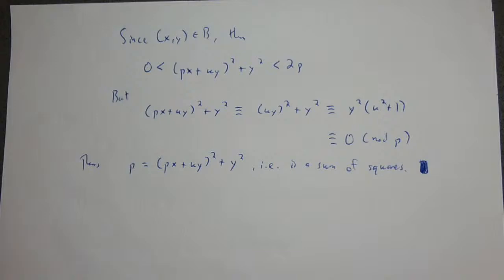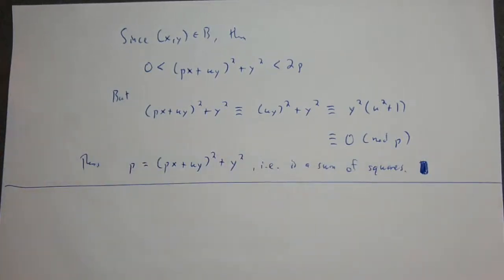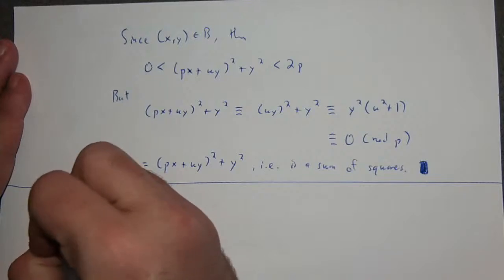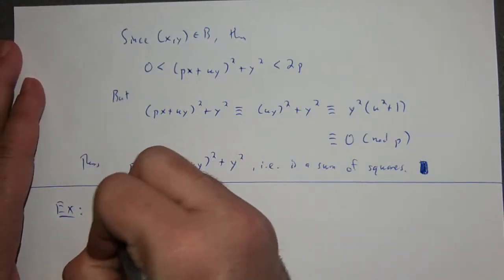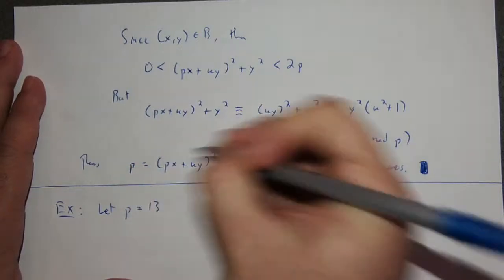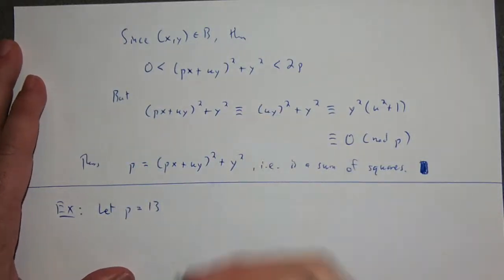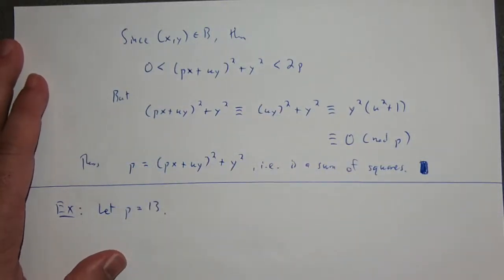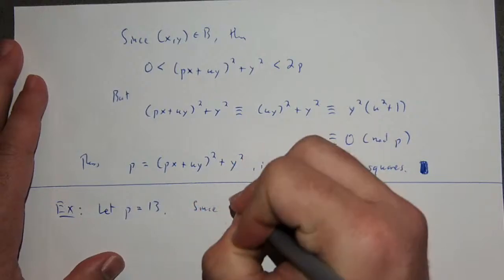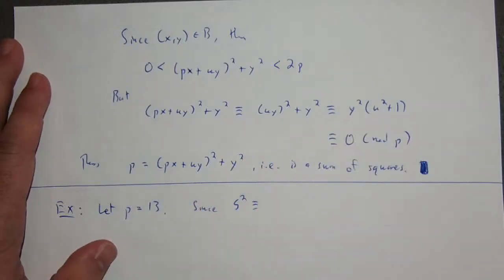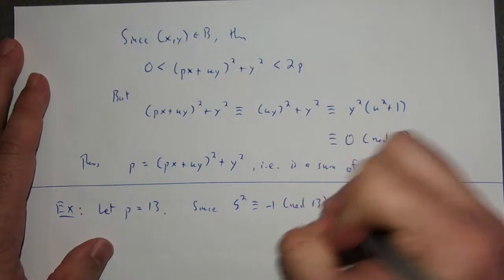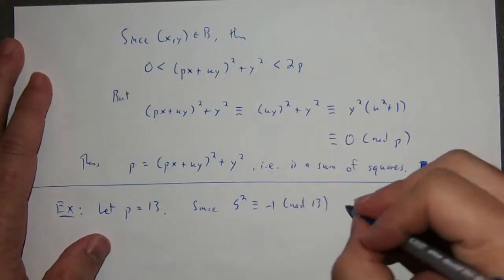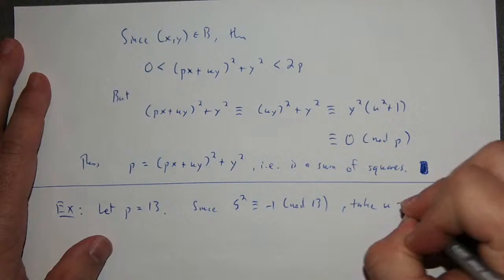All right. So before I move on and make the general statement, note, just for example, if I say let p be 13, then since 5 squared is congruent to minus 1 mod 13, take u equal 5.